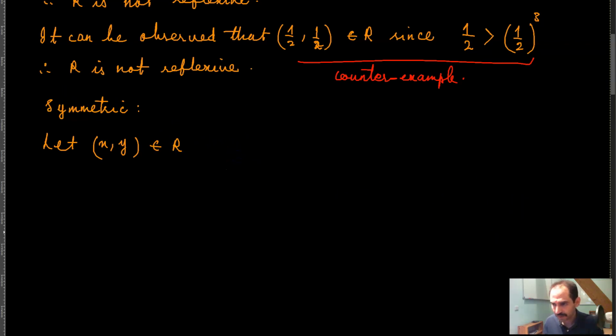Okay, so let's see. Let's say that some (x, y) belongs to R. That implies that x is less than or equal to y cubed, right?